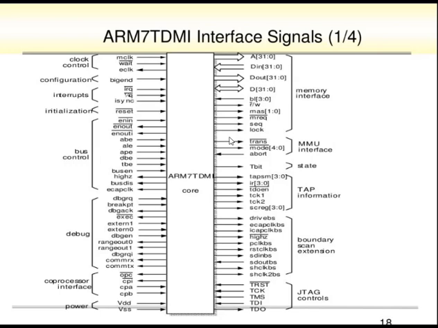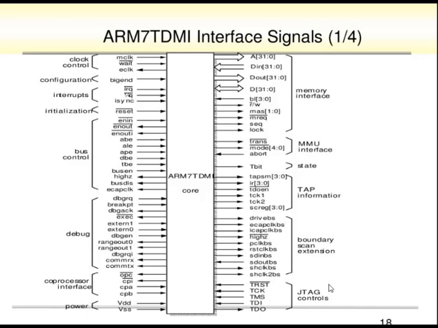Now we will see the pin diagram of ARM7. Students, we can see there are clock signals, 3 pins for clock signal, then memory interface, MMU interface.